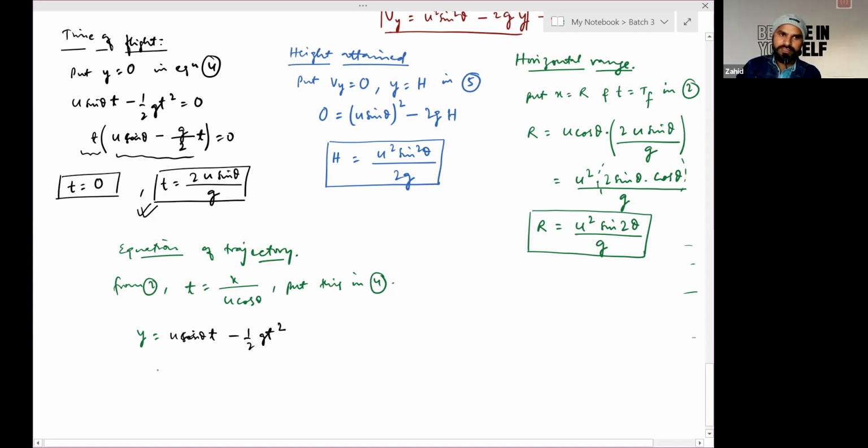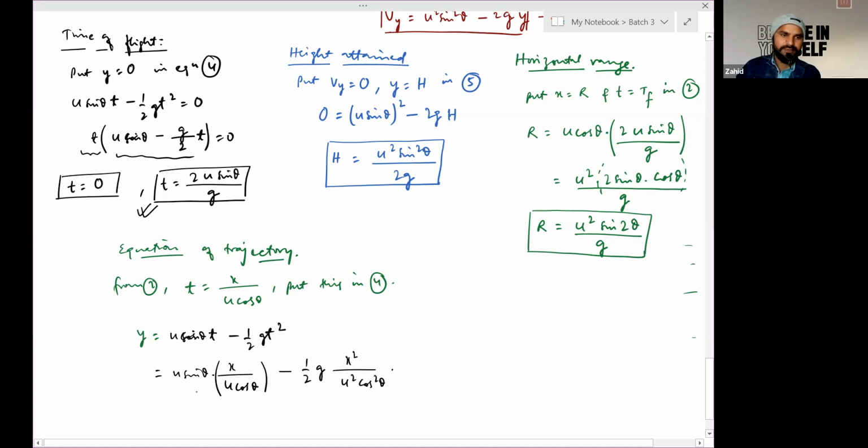If we put the value of t to be x by u cos theta, you will get u sine theta times x over u times cos theta minus half g x squared divided by u squared cos squared theta.